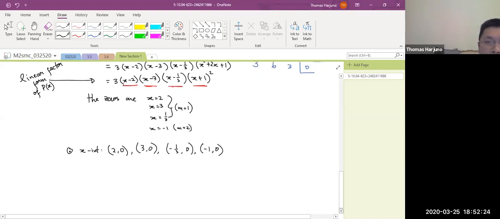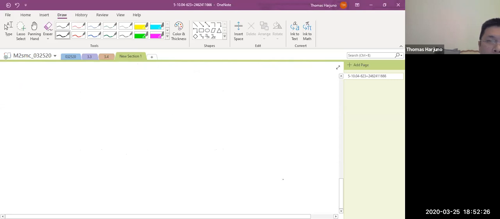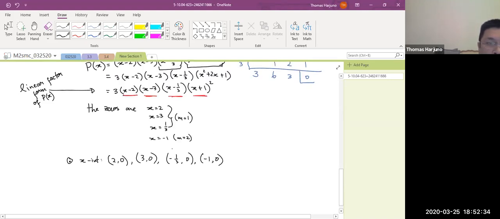Now then, once we get the x-intercepts from the zeros, we can do the sign graph. Actually, this is a stepping stone for us to sketch the graph later on. And the sign graph will be -1, 1/3, 2, and 3.